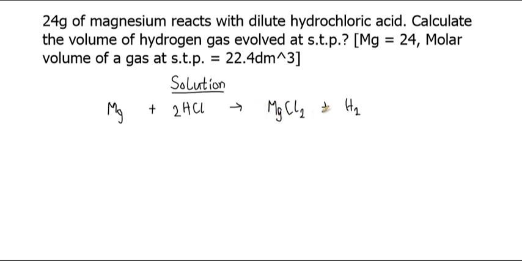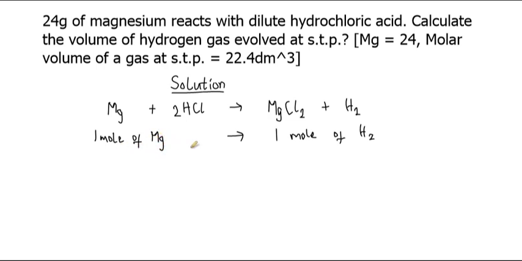Here also it is 1, here 1, and here 2. We have 1 mole of magnesium producing 1 mole of hydrogen gas. So what I'm doing here is comparing the number of moles of the substances we are dealing with.